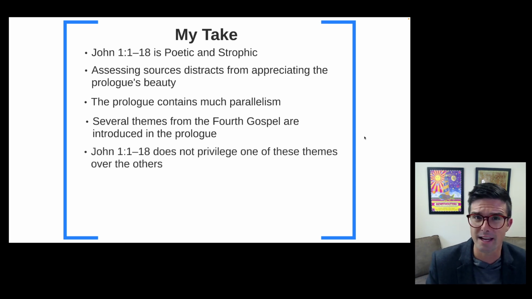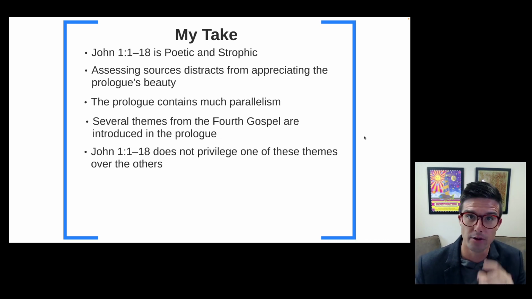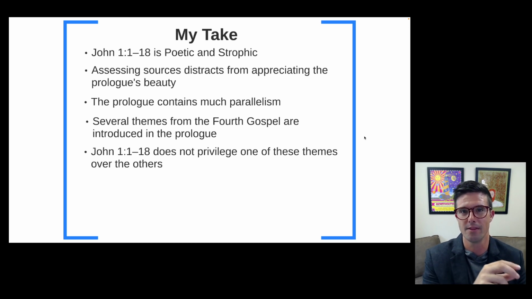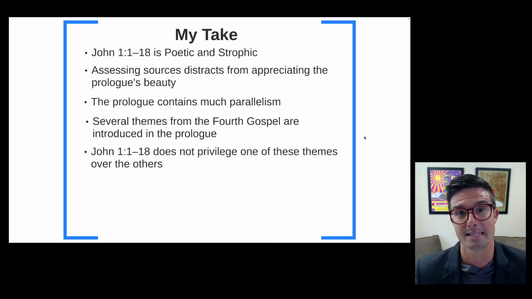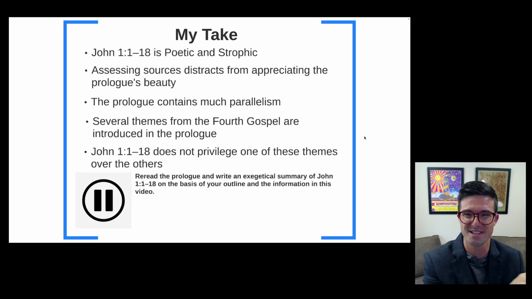And I don't think that one particular theme or idea is being privileged over and against the others in the prologue; all of these have essentially equal weight. So I would not take from the chiastic structure this idea that the children of God is what stands center in the prologue.